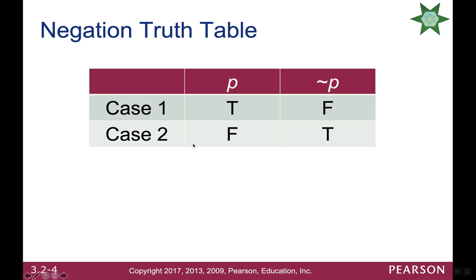Case 2, if the statement is not true, so, for example, all dogs are brown. This is a false statement, but the negation, not all dogs are brown, that some dogs are not brown, will be a true statement. So this is the basis of building a truth table for a simple statement.